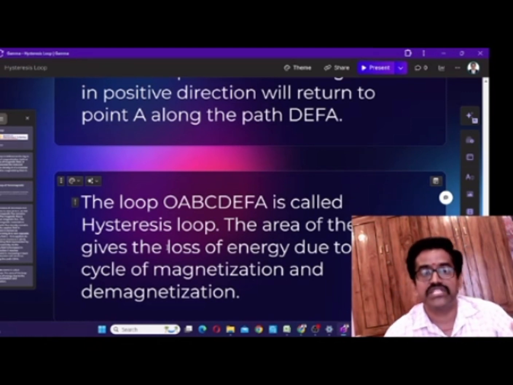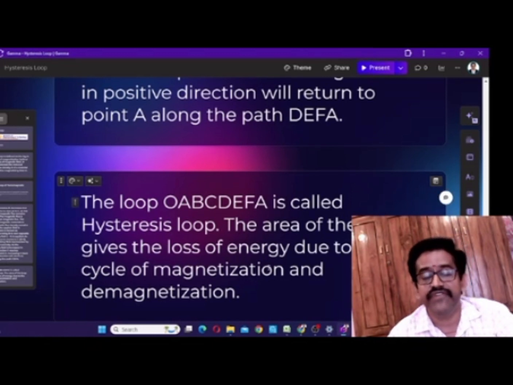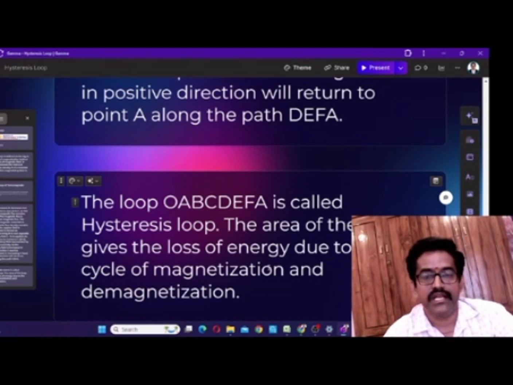If the loop area is large, it is a hard magnetic material. If the loop area is very small, it is a soft magnetic material. Soft magnetic material is easily magnetized and easily demagnetized, whereas hard magnetic material is difficult to magnetize and difficult to demagnetize. This is the most important property of the ferromagnetic material, which gives its characteristics.